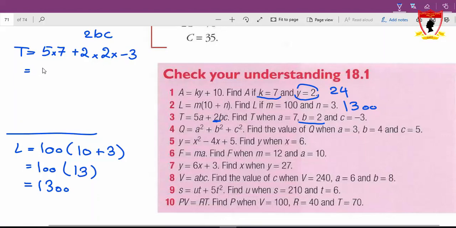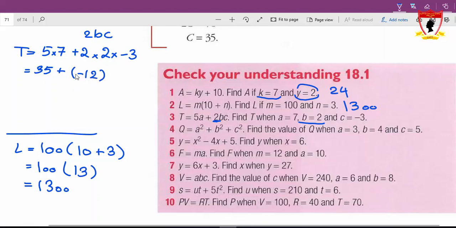Now, according to BIDMAS, we have to do multiplication first. These 2 are in multiplication, and these 3 are in multiplication. We can do them separately and then add the results out. 5 times 7 is equal to 35, plus 2 times 2, 4, times negative 3, it will be negative 12.